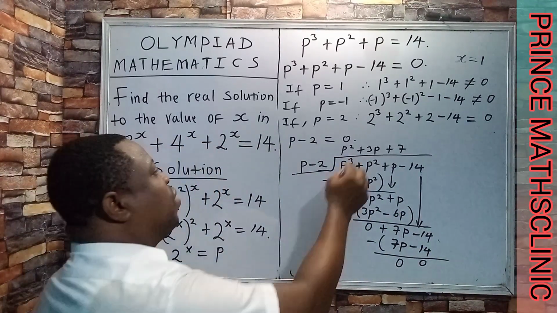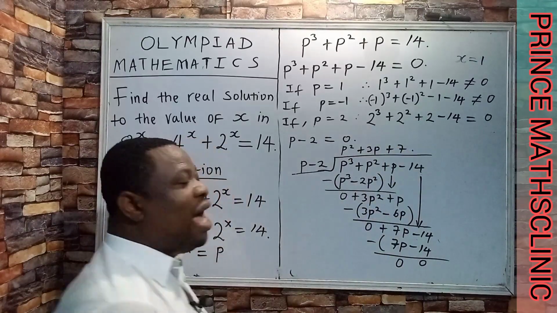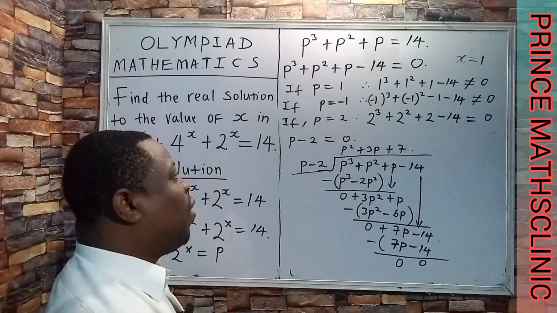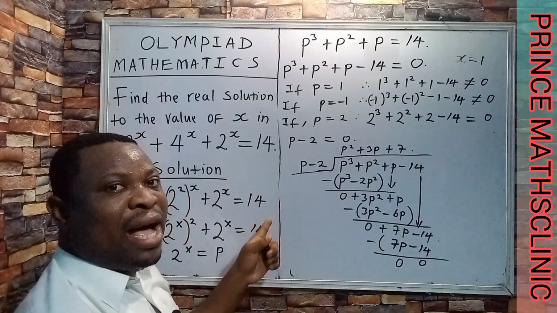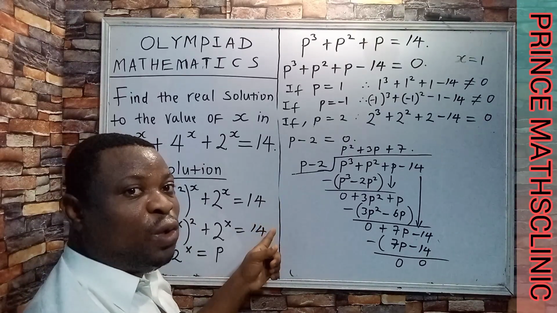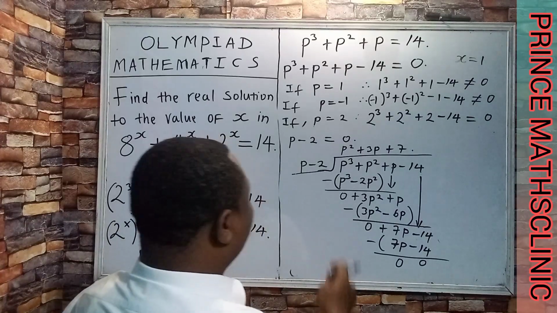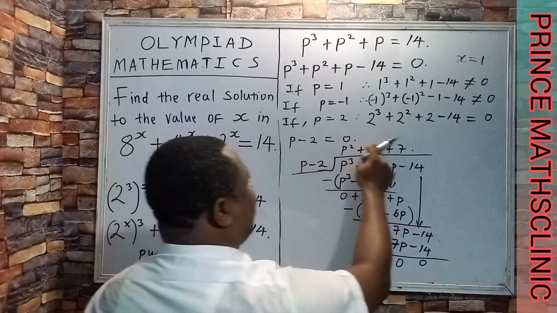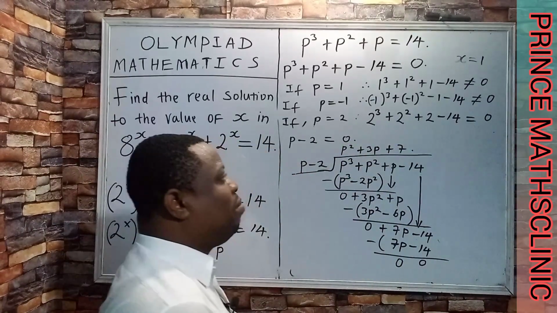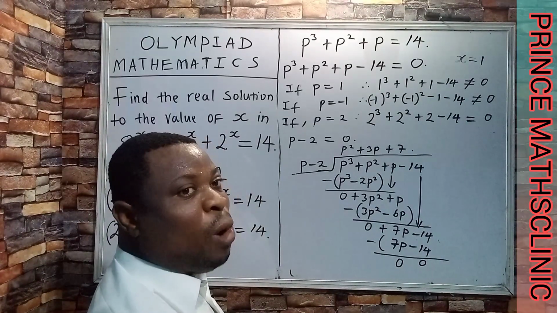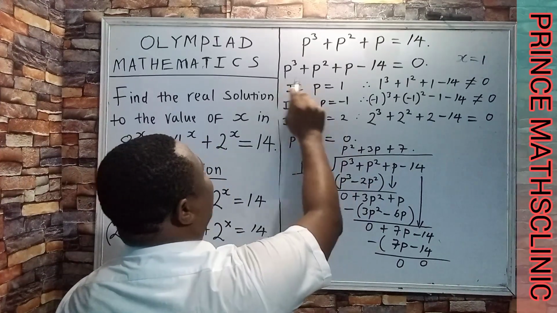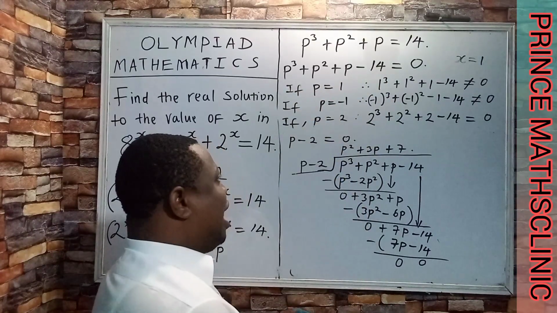So it means that the value we have obtained here is the other factor, which, of course, if you study the former solution, the first solution I gave, we got this as the second factor. So it means that if you multiply p minus 2 by p squared plus 3p plus 7, you are going to obtain this particular equation, right?